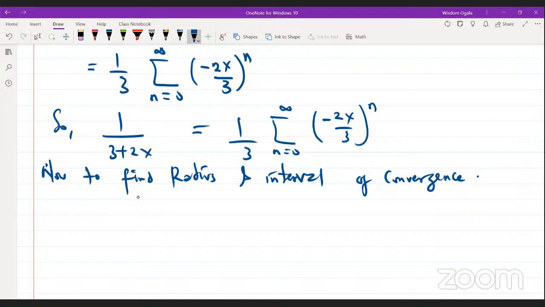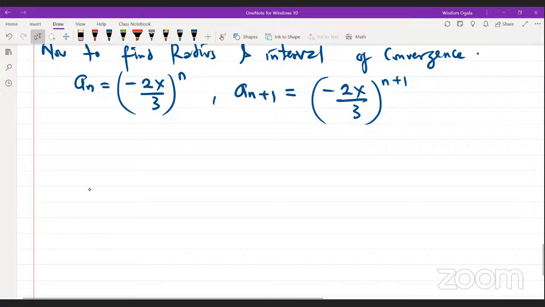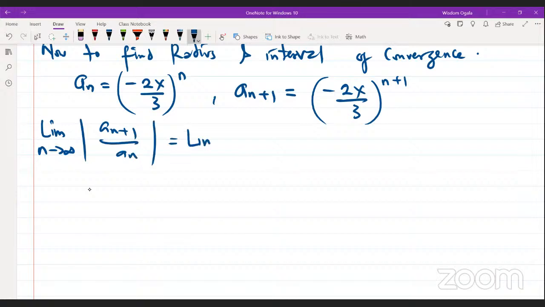Right? Now, a sub n is negative 2x over 3 to the power of n, right? What is a sub n plus 1? This is negative 2x over 3. Wherever you have n, replace it by n plus 1. Now, with respect to ratio test, you remember my interest is this guy, a sub n plus 1 divided by a sub n. So I need to find this limit.